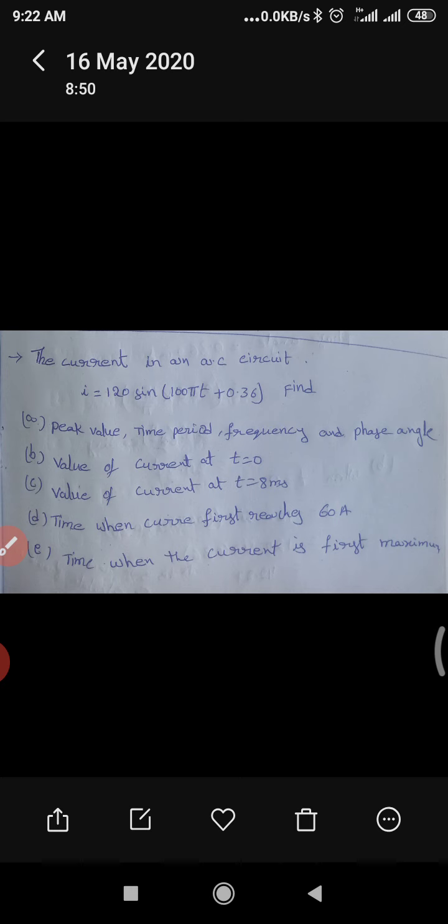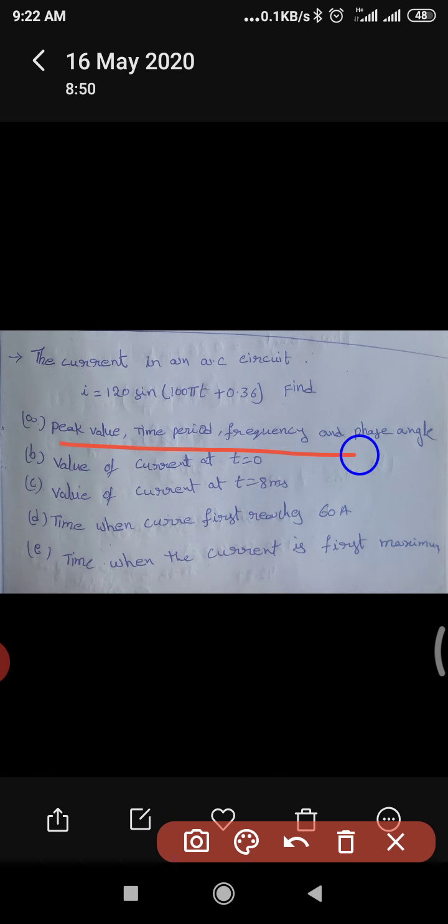All these problems we solved previously, but these are different. For (b), the value of the current at t is equal to 0. At t is equal to 0, what is the value of the current? This is the question, and we have to find how much current is available at time t is equal to 0. And (c) is the value of the current at t is equal to 8 milliseconds.